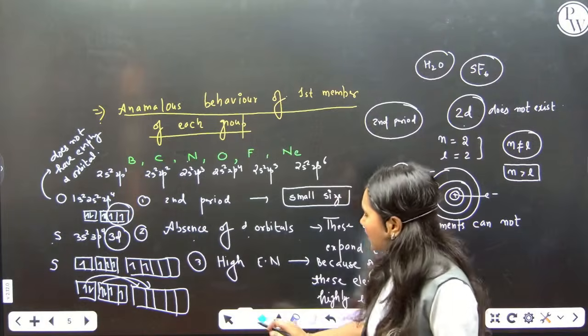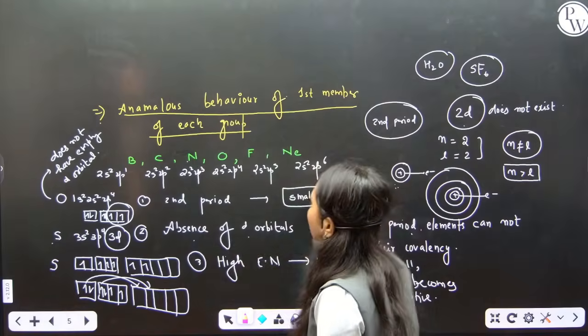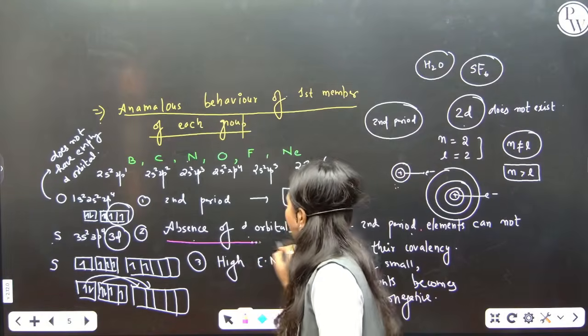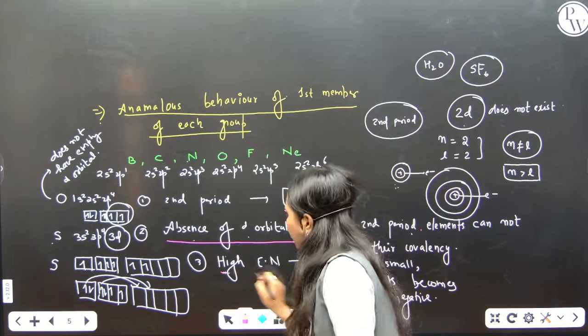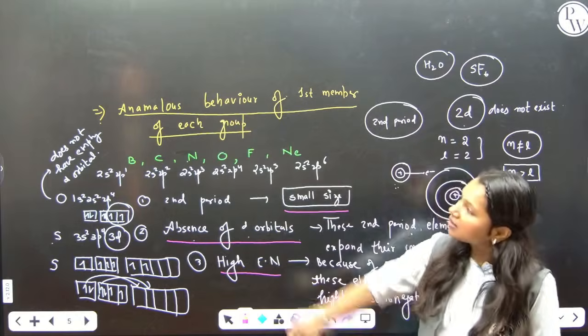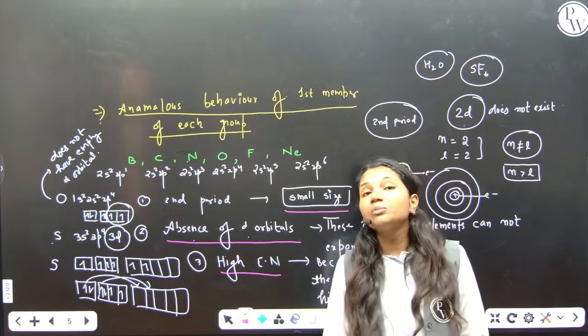So these three are the main reasons that these elements show anomalous behavior.